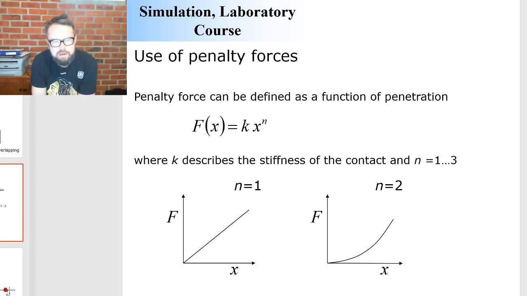The problem in the linear connection is that when you look at it, there are no forces at all at the origin. And when the penetration starts to increase, there's a discontinuity in the origin.